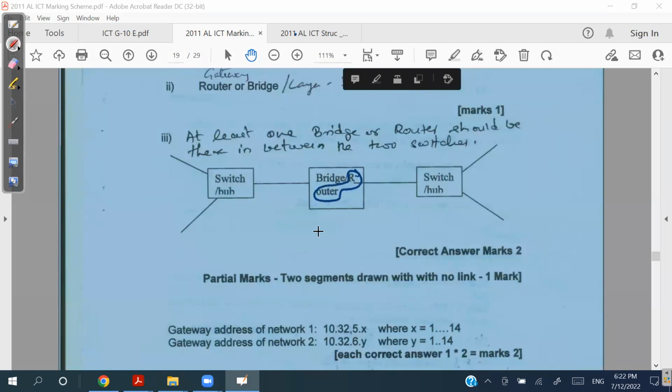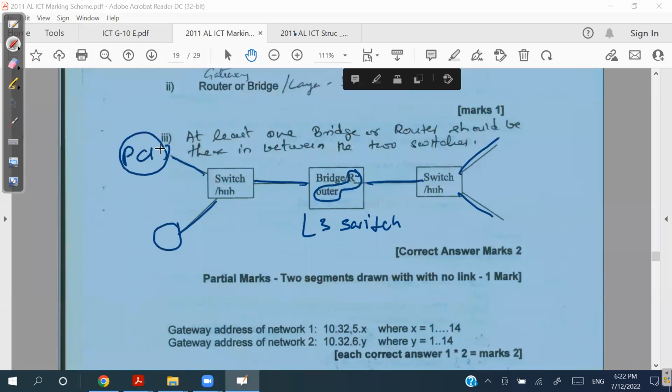Router will be a good one, or the L3 switch, which should be connected with the switches. Switches should have the devices. So since it is 10 devices, it's better you say PC1, PC2 and PC10.